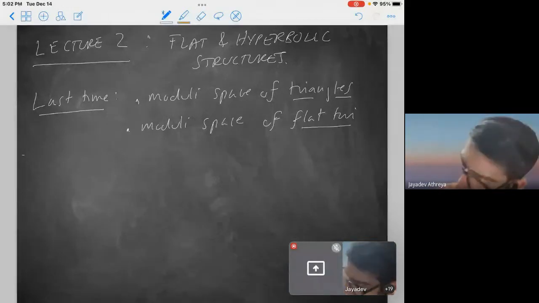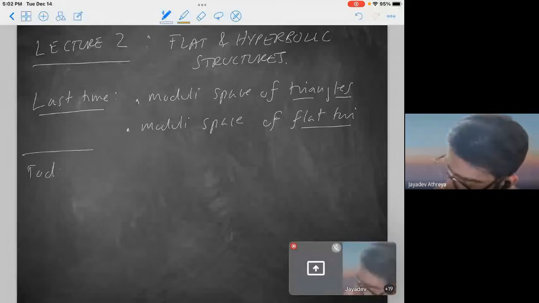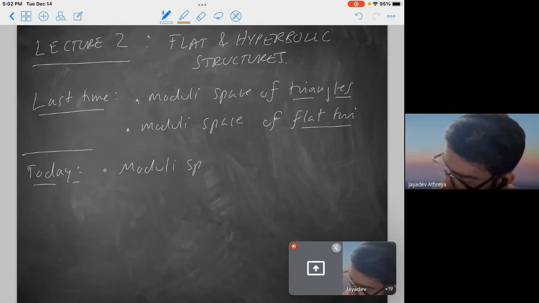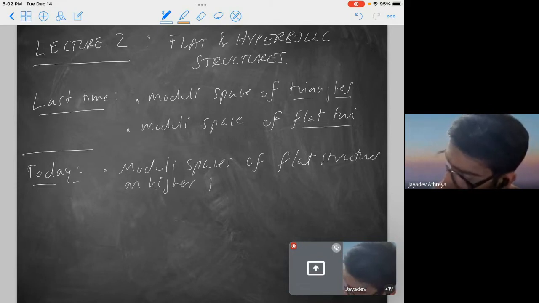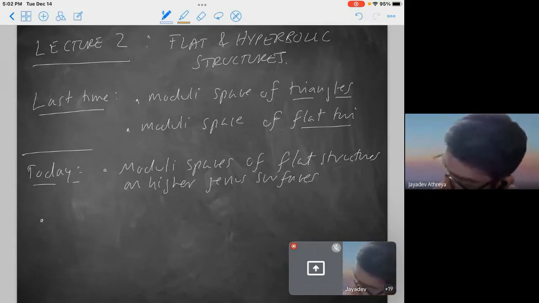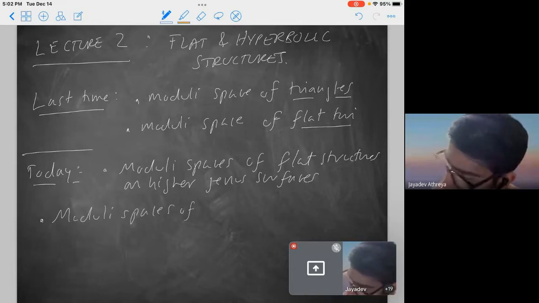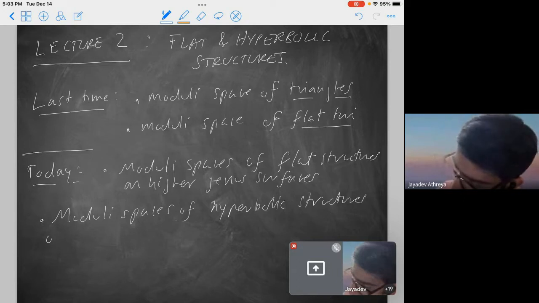And today our goal will be to look at moduli spaces of flat structures on higher genus surfaces and moduli spaces of hyperbolic structures on higher genus surfaces.